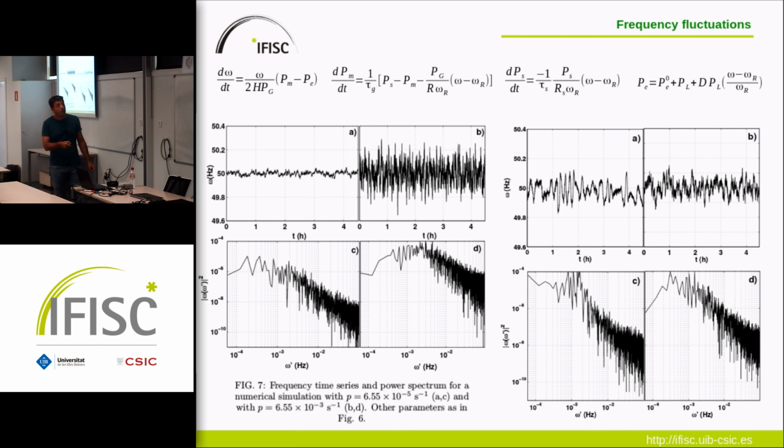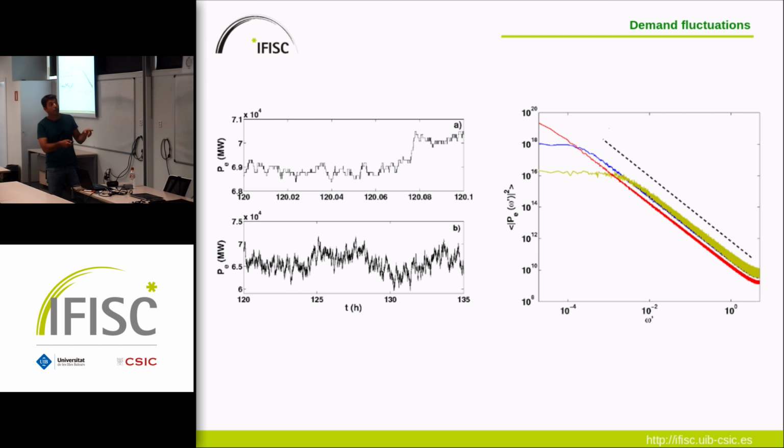And this is the power spectrum of this time series of the frequency. And this, for larger P, fluctuates much more, and the power spectrum looks like this. The power spectrum reproduced is similar to what I just showed. So it has this slope, more or less -2, of a random walk, and a flat part.